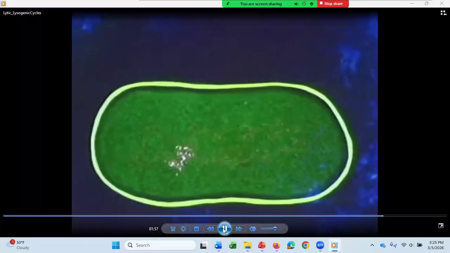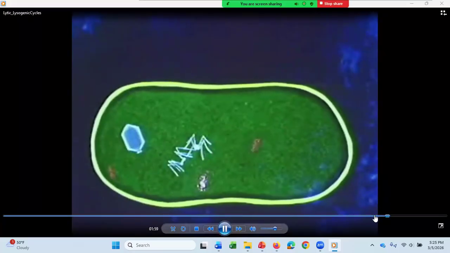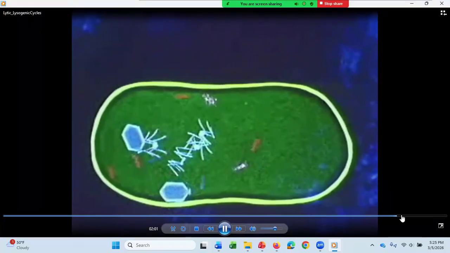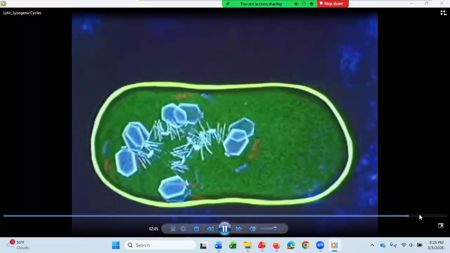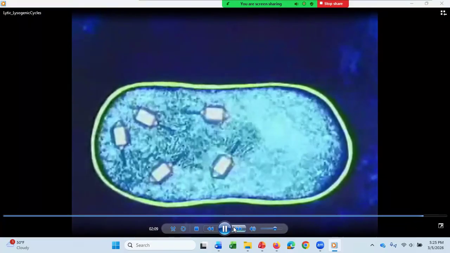All right, everything about this movie is correct, except, there, they're showing you bacteriophage T4, and bacteriophage T4 only enters the lytic life cycle.